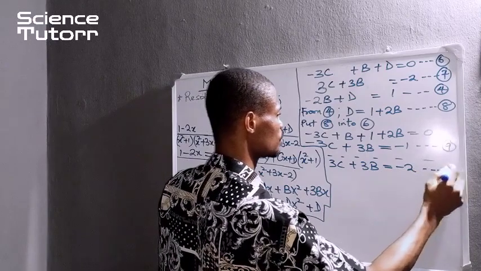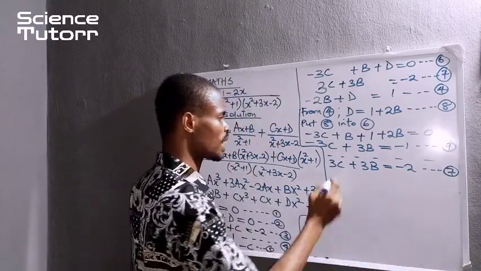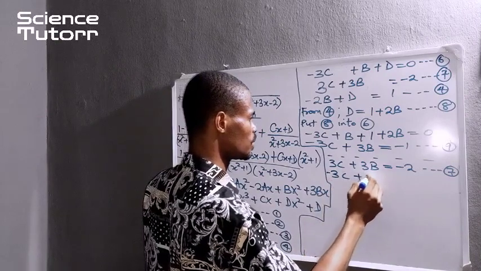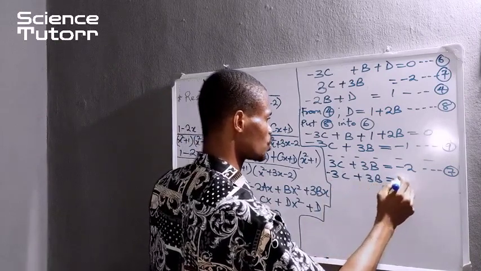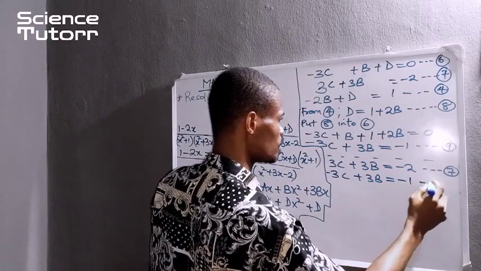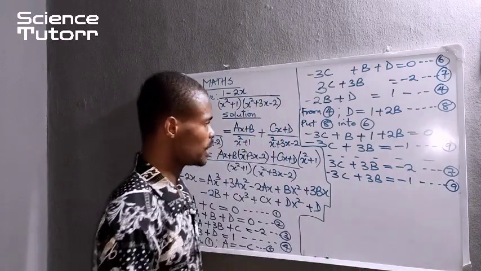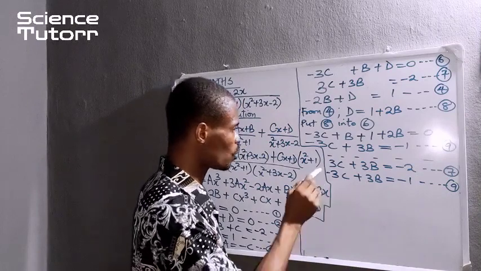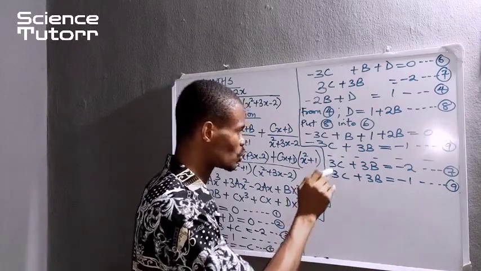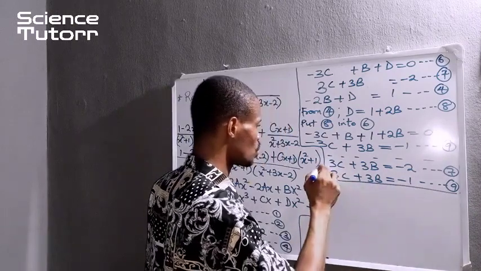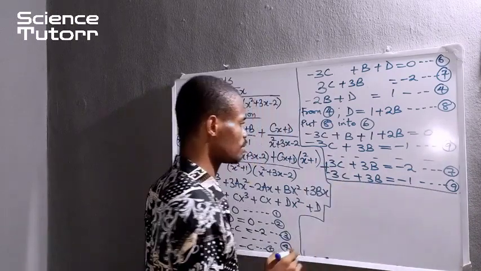And equation 9 says minus 3C plus 3B equals minus 1. Looking at the format of the equations, I'm simply going to add both equations, so I'm introducing a plus here.